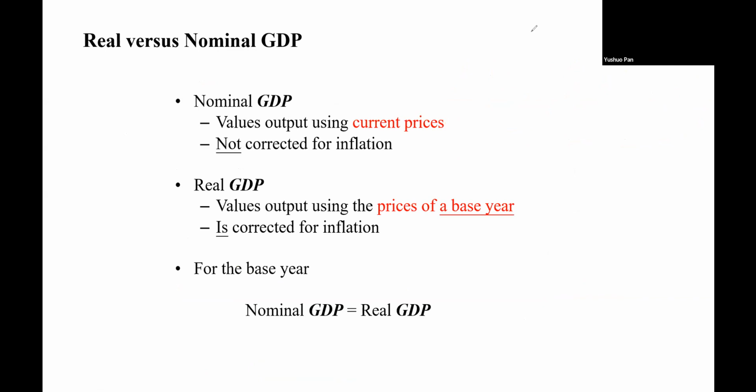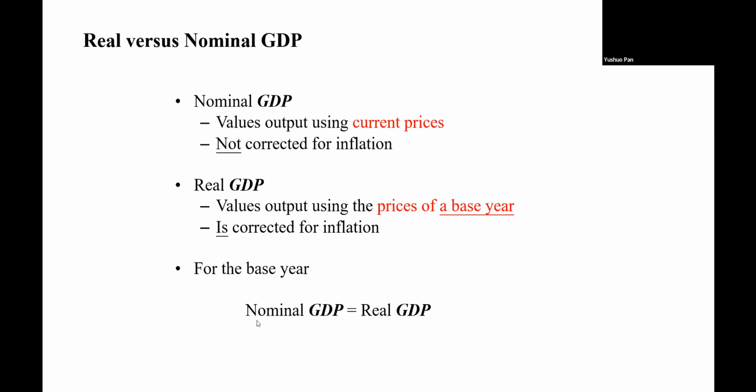The nominal GDP and real GDP. Valuing output using current prices, that's the nominal GDP, and that's not corrected for inflation. For real GDP, that's valuing output using the prices of a base year. It is corrected for inflation.